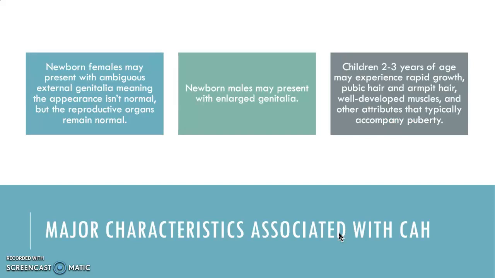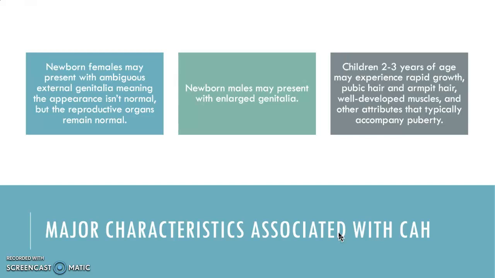In newborns, we can see a few things, and I'll talk later in my slide presentation about testing options and things like that. But we see specific things in our newborns. The first thing we're going to see, if we're looking at a newborn female, is completely normal internal organs such as the uterus, ovaries, and other reproductive organs.